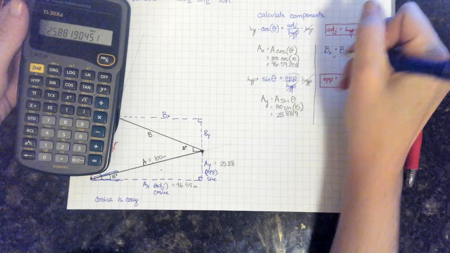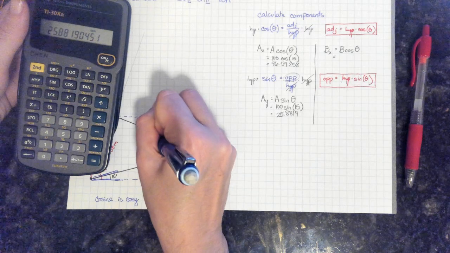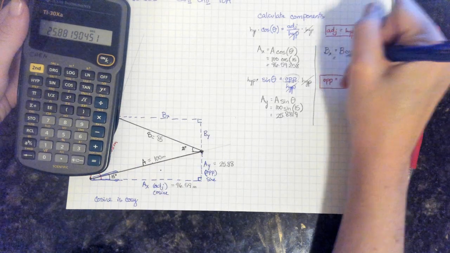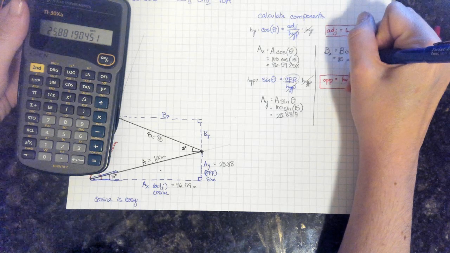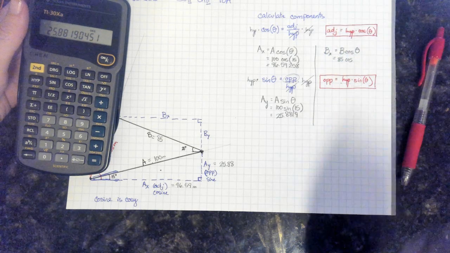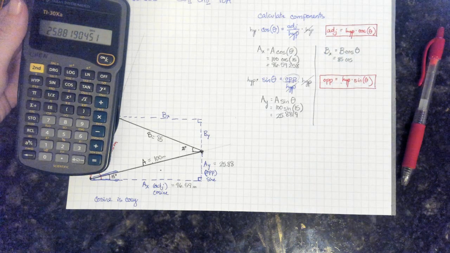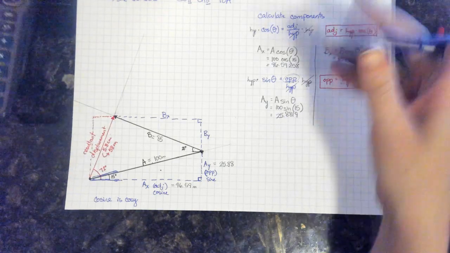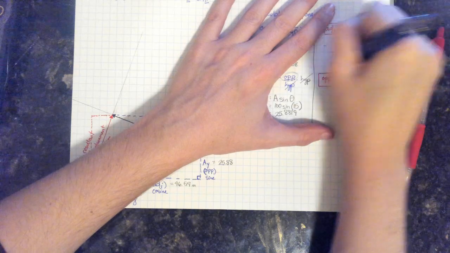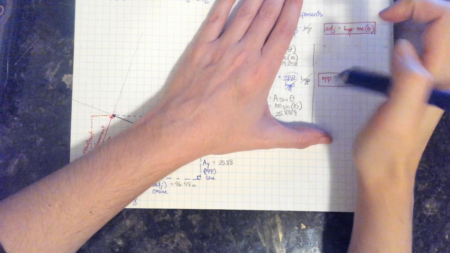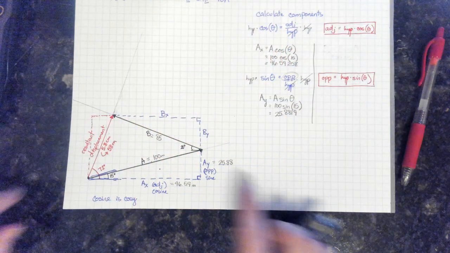So b is 85 times cosine. Ooh, which angle though? Is it supposed to be cosine? Maybe I jumped ahead of myself. Let's go back. I don't know if it's supposed to be cosine or sine.